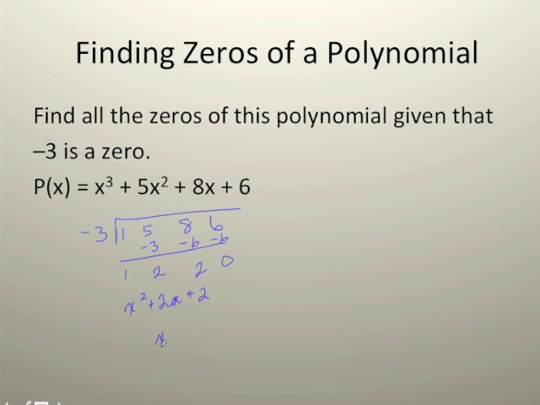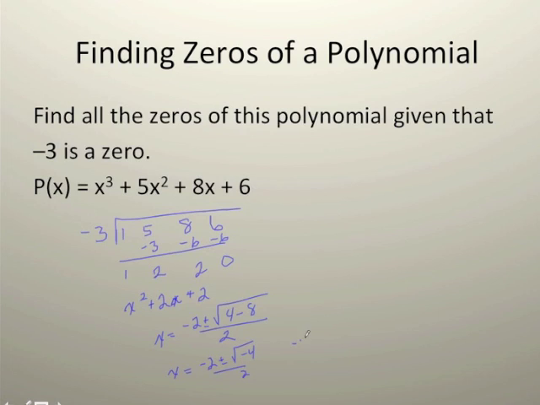So x equals negative 2 plus or minus the square root of b squared minus 4ac, so minus 4 times 1 times 2, minus 8, over 2a, 2. So x equals negative 2 plus or minus the square root of negative 4 over 2.